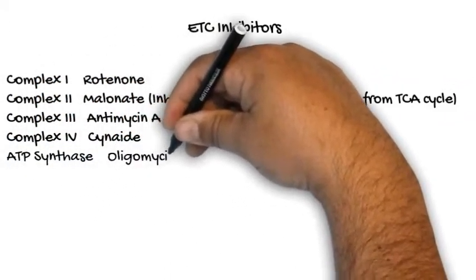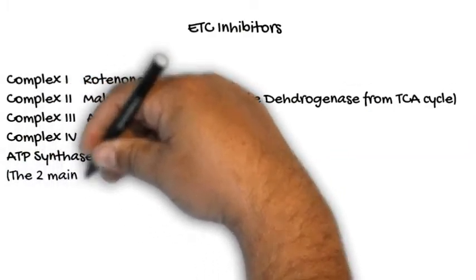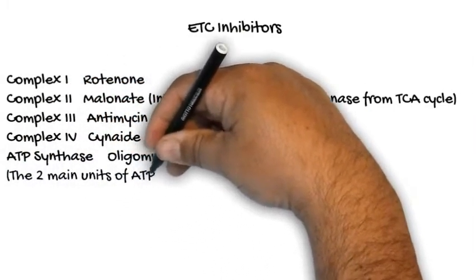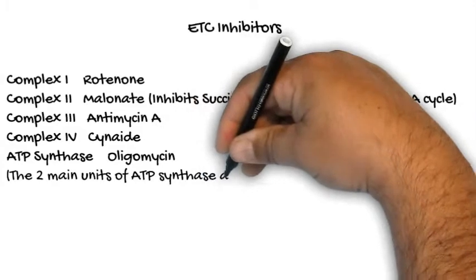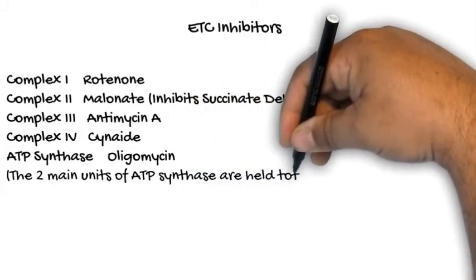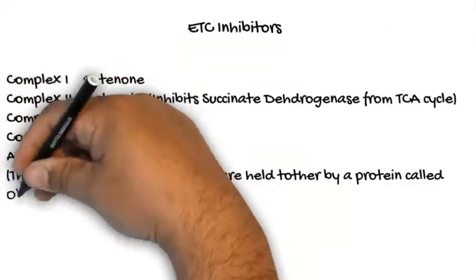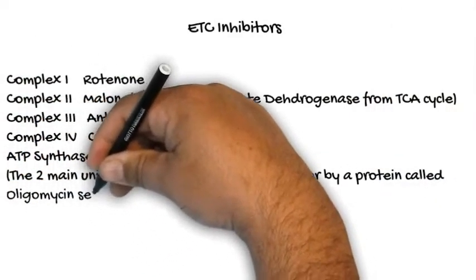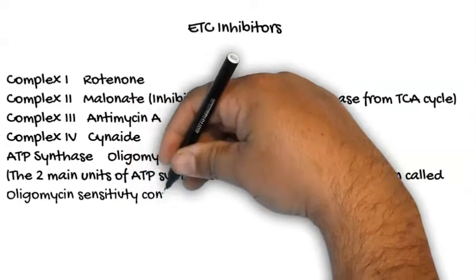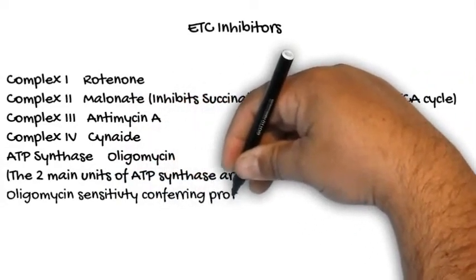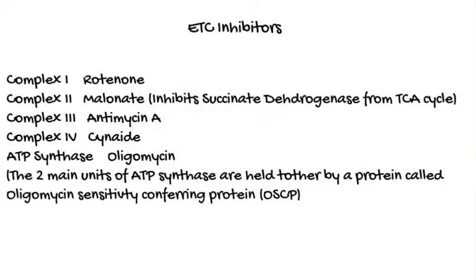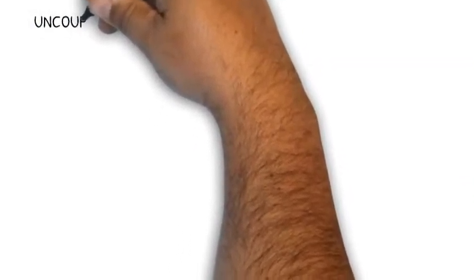And then we have complex 5, and the inhibitor there is oligomycin. And one must remember that the two main units of complex 5, also known as ATP synthase, are held together by a protein which is known as the oligomycin sensitivity conferring protein. And so it is this protein that is inhibited by oligomycin.